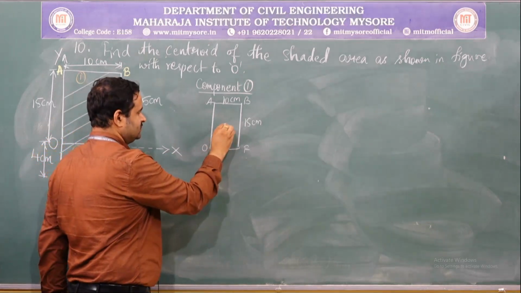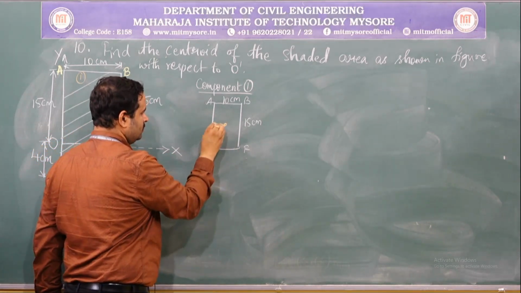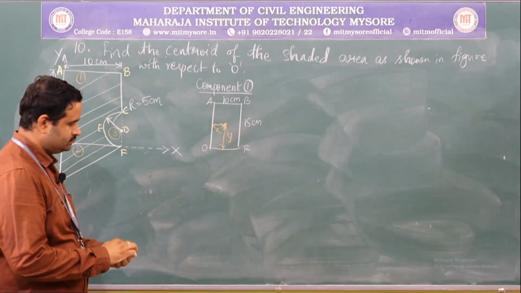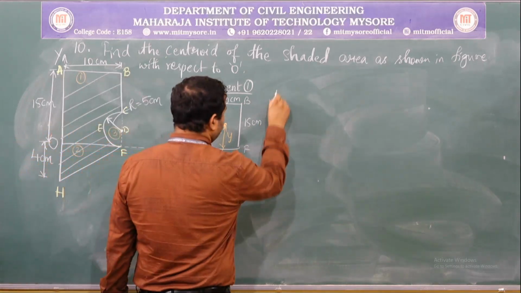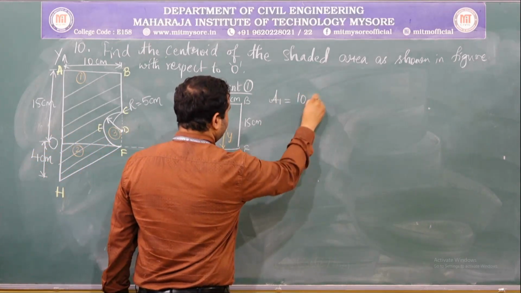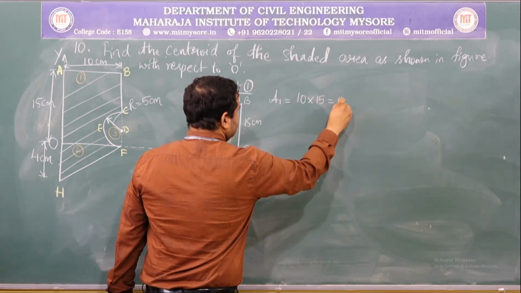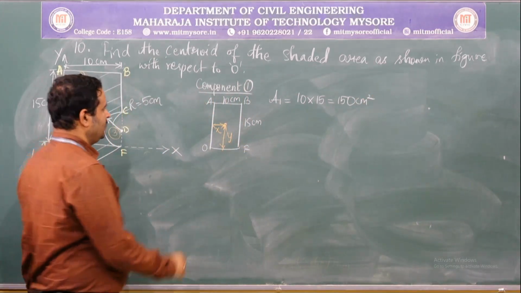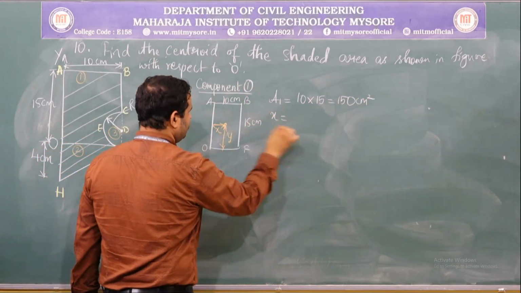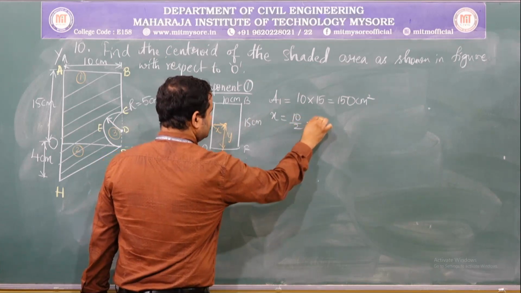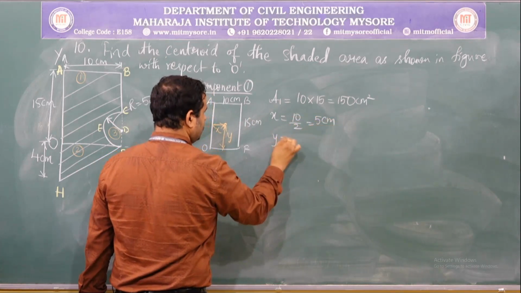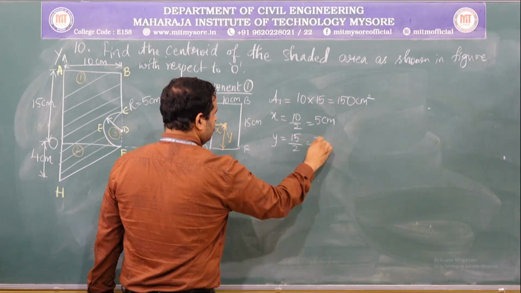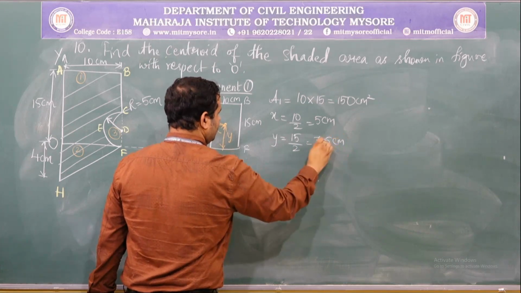We know it is exactly at center. So, this will be our x component, this will be our y component. Therefore, its area A1 is equal to 10 by 15, which is equal to 150 centimeter square, and its x component is half of 10, is 5 centimeter, and its y component is 15 by 2, which is 7.5 centimeter.